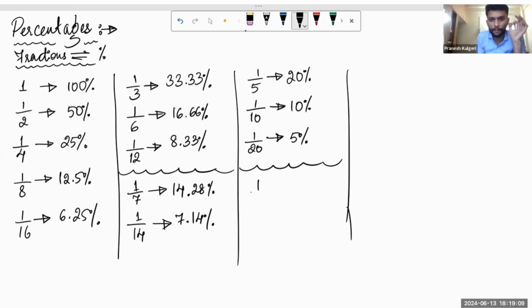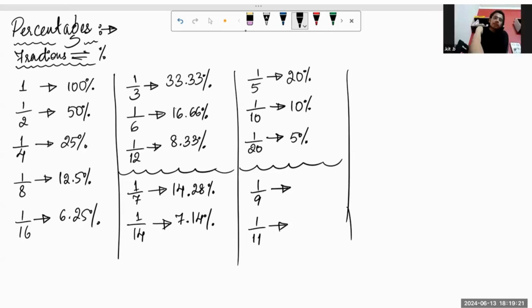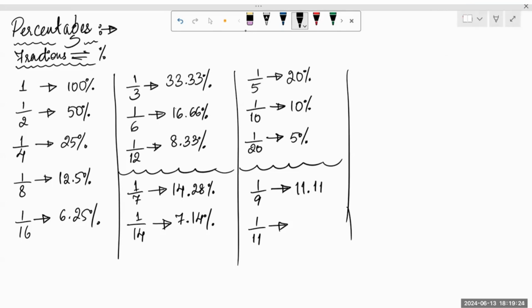1 by 9 and 1 by 11 share some similarity with each other. Now let's see what that is. Can anyone tell what is 1 by 9? 100 by 9 percent is 11.111. Very nice. Restricting to 2 decimal places, it is 11.11.